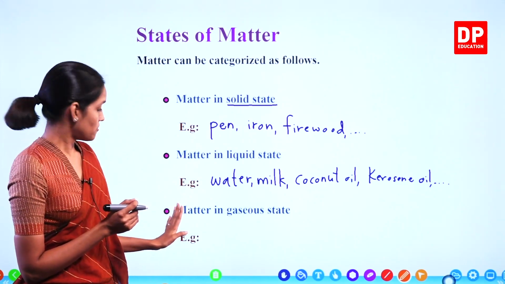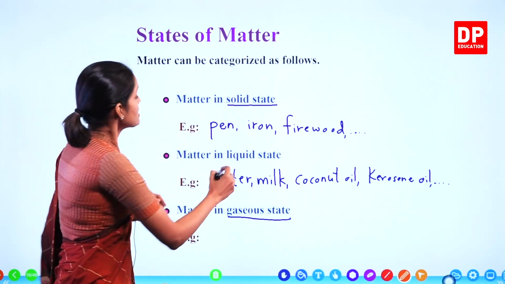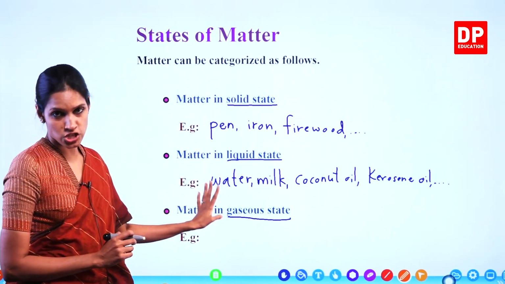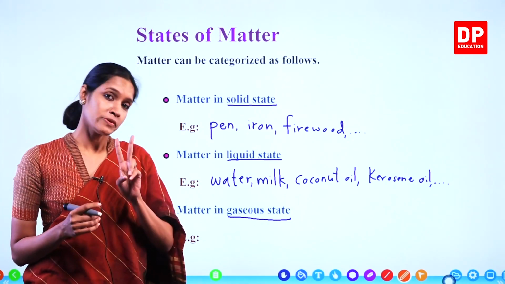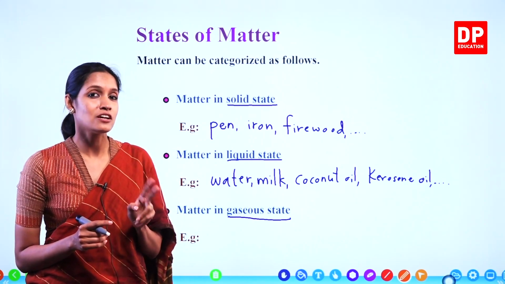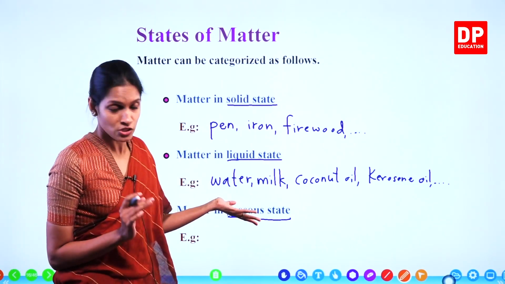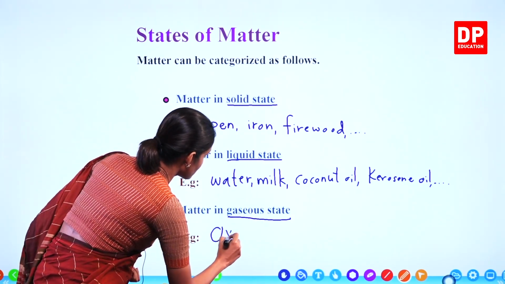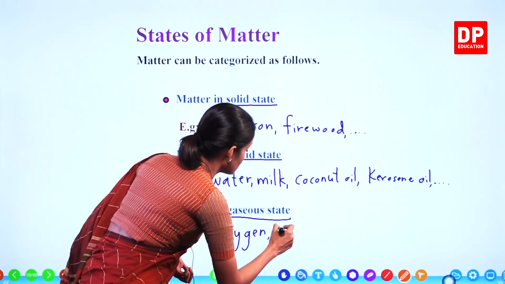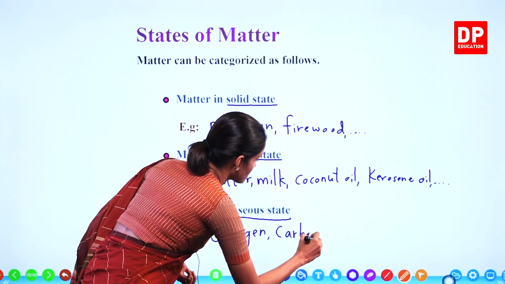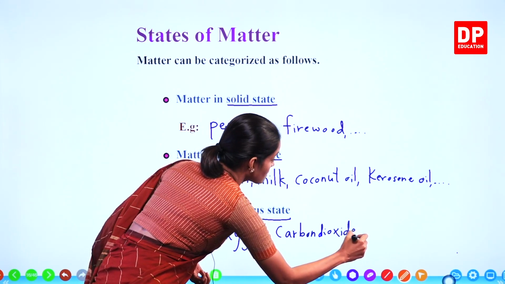Okay. The third one, matter in gaseous state. We learn about solid state now, liquid state and gaseous state. What are the matter that present as gases? Now you are familiar with two gases. In the first lesson we learned about oxygen and carbon dioxide. So they are matter coming under gaseous state. Okay? So oxygen, carbon dioxide, right?